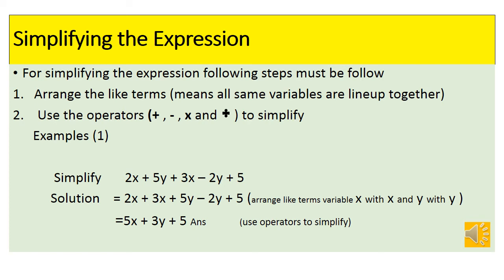The 5 is alone and is a constant, so there is nothing to subtract or add, so we leave it as it is. So the final answer after using the operators, 5x plus 3y plus 5, is the simplified form of 2x plus 5y plus 3x minus 2y plus 5.